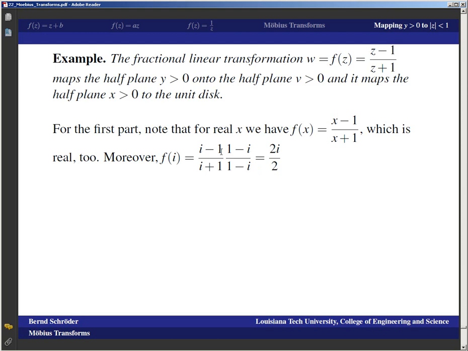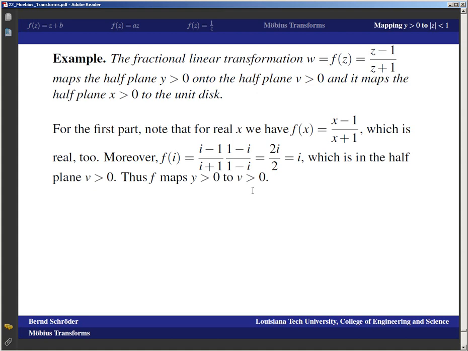And we have that negative 1 minus another negative 1, if we multiply that out, that ends up giving us no real part, and 1 times i minus 1 times negative i gives us 2i. So this really is 2i over 2, which is i, and that is in the half plane v greater than 0, and so that means that y greater than 0 goes to v greater than 0.